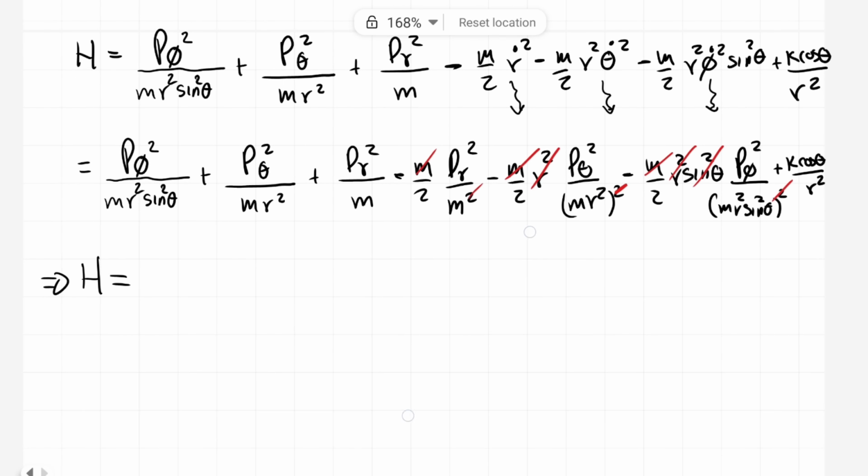So we will get p phi squared divided by mr squared sine squared theta.